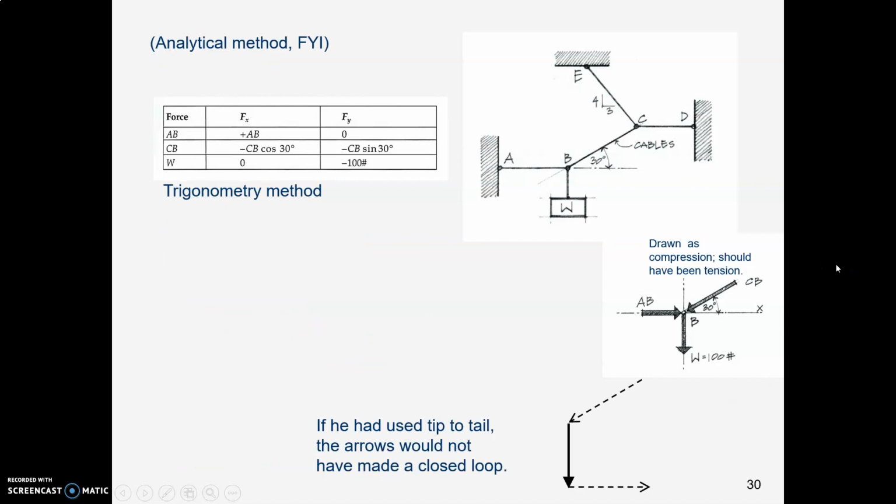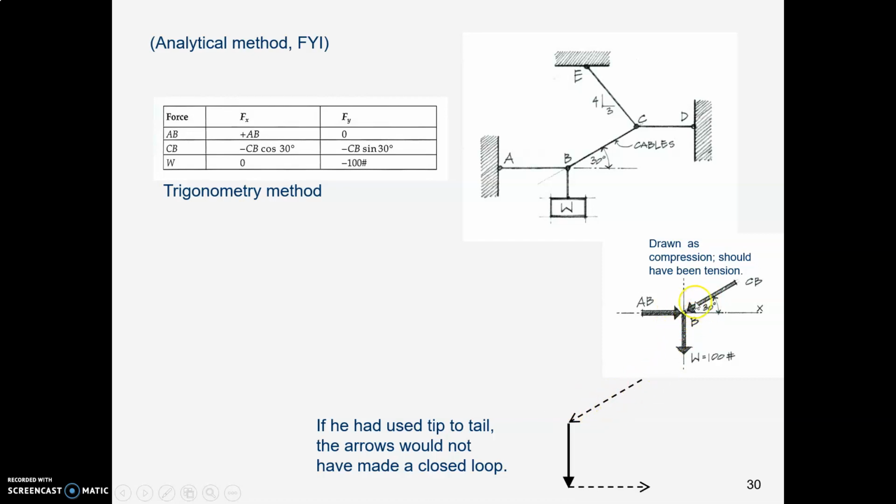If you had used the tip to tail method with these arrows wrong, and I did that at the bottom of this slide down here. So here are the arrows pointing the wrong direction, and I tried to stick them together tip to tail, and I found there is no way to make them form a closed loop when they're pointing the wrong direction.